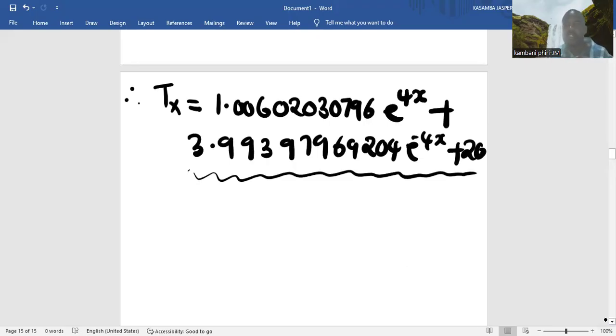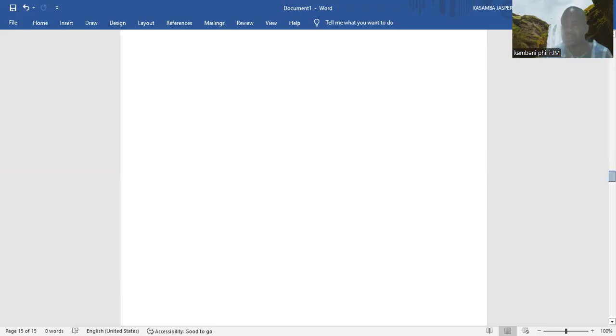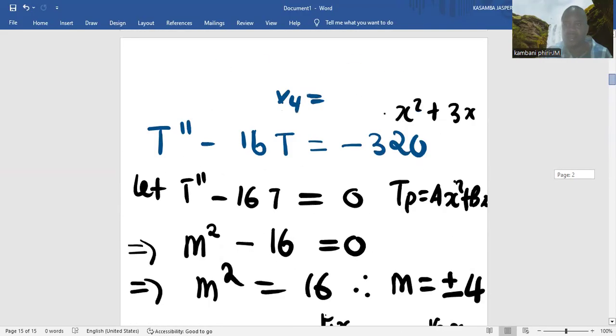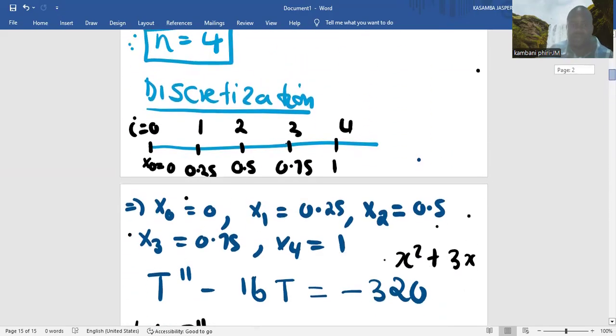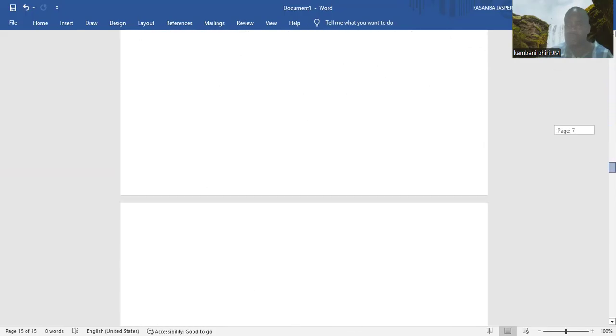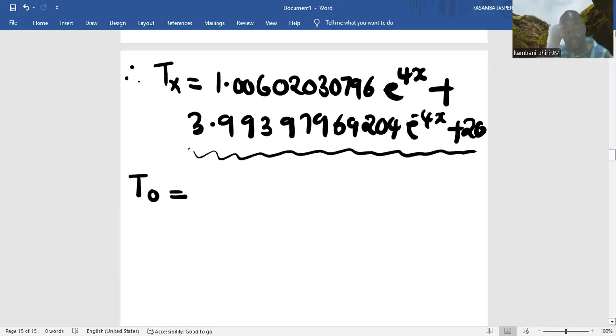Now we need to find the solution: what is the value of T1, T2, and so on. If you say T naught, remember from where we said our T naught was 0, take note of the discretization, it will be applied here. When you put your 0 throughout, your T naught will be 25.